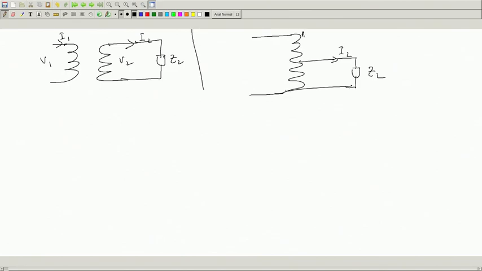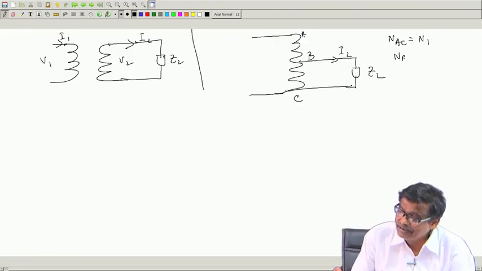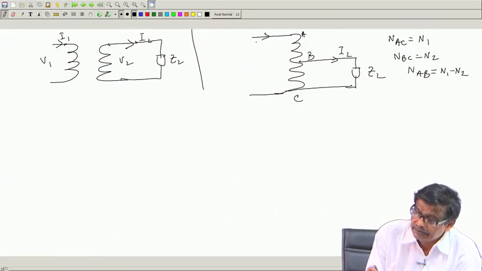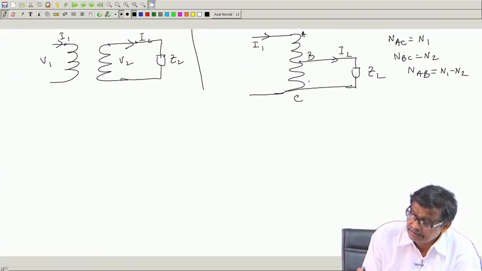This point is A, C, B. N_AC is N1, N_BC is N2, and N_AB is N1 minus N2. This is I2, this is I1, and this is I2 minus I1.